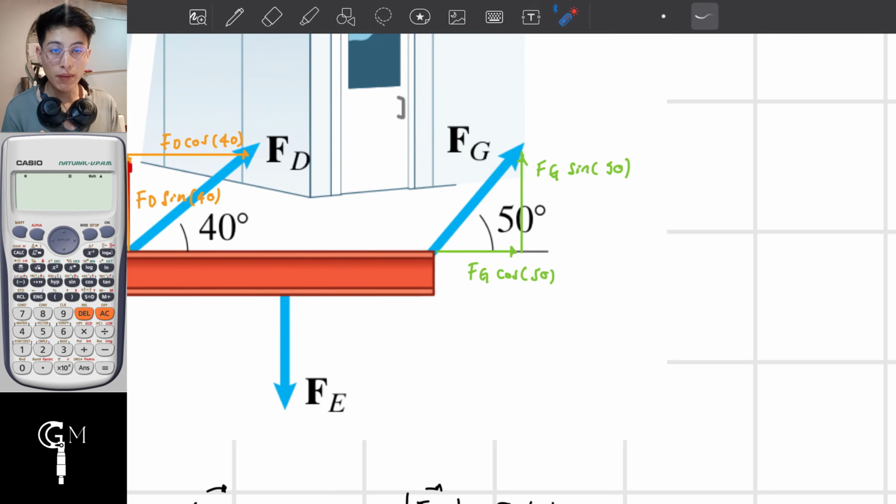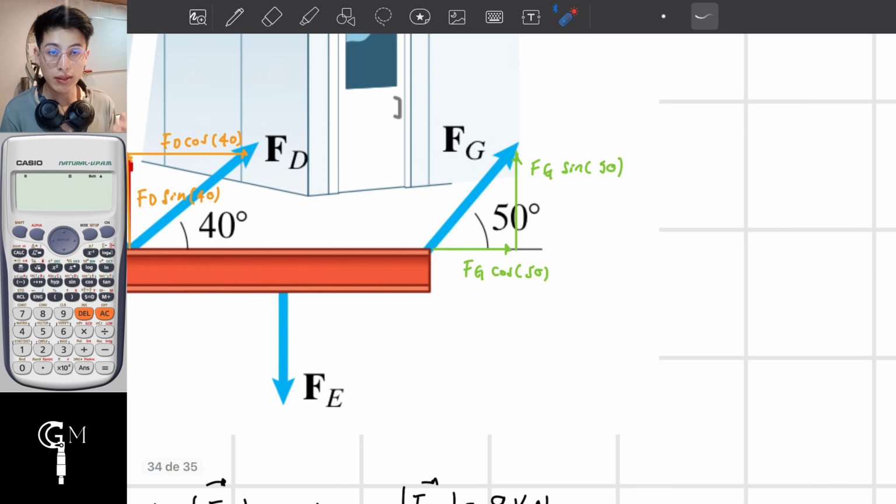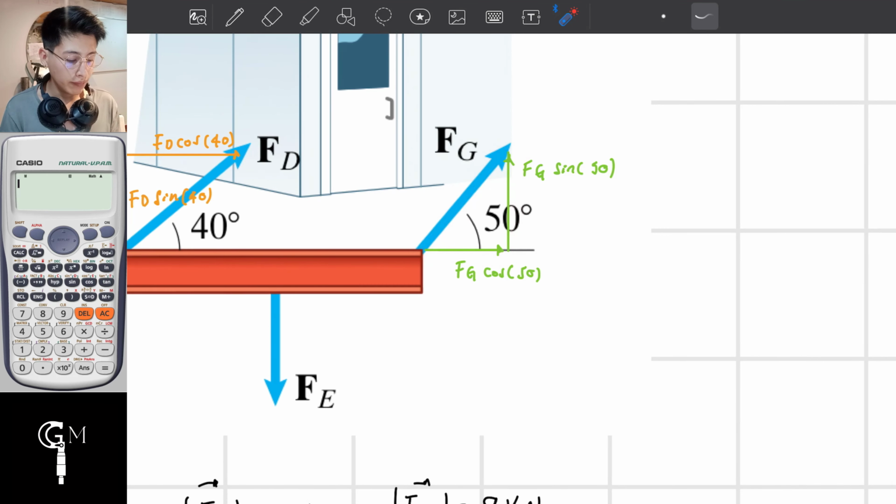When we're talking about a right triangle, you have to determine either the adjacent cathetus or the opposite cathetus. When we have to determine the magnitude of that cathetus, we will use its angle.